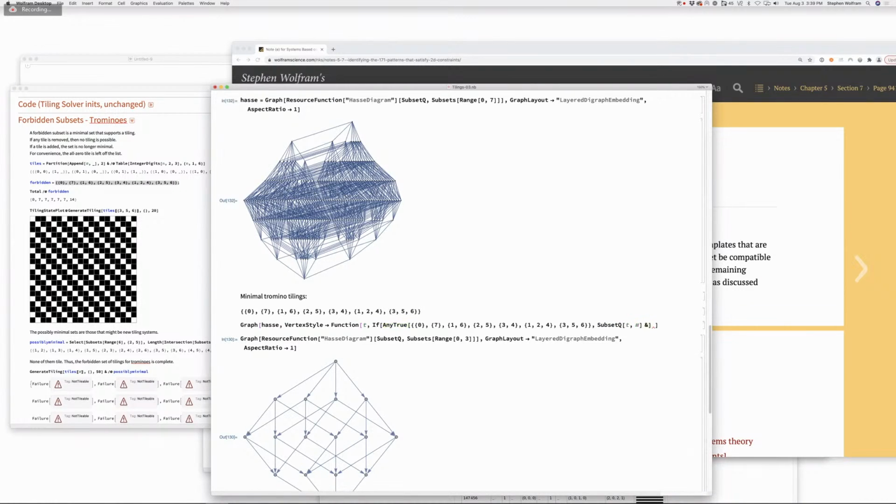Anybody following here? I'm following. I've never used subset Q myself. Okay, is this correct? That's what I'm asking, right? Any true is checking, is this true? Are any of these subsets of the thing we are looking at, right? Do you understand what I'm saying? Mm-hmm.